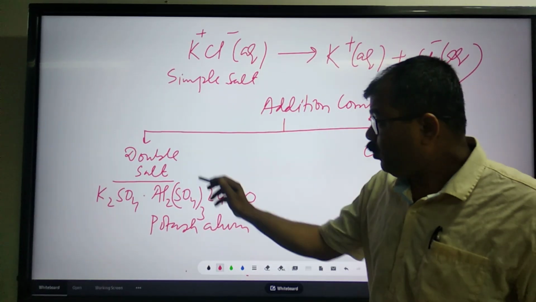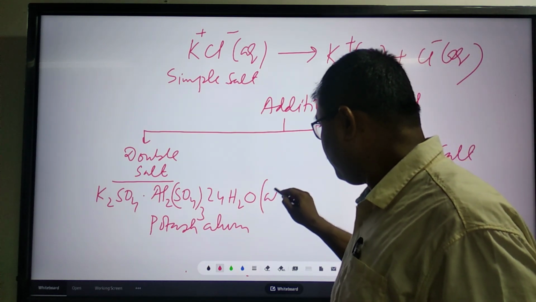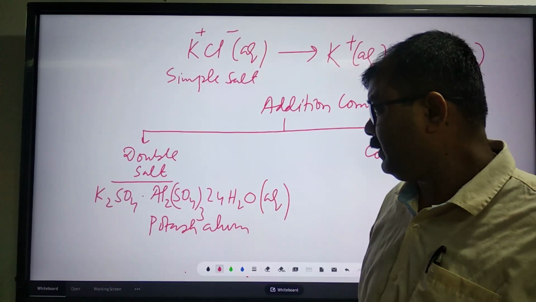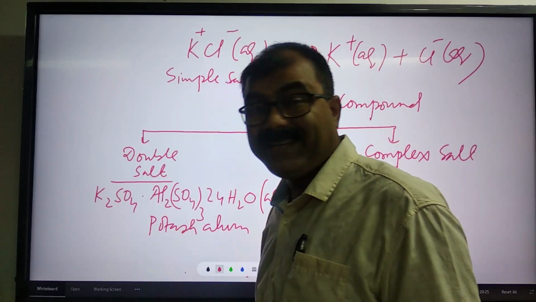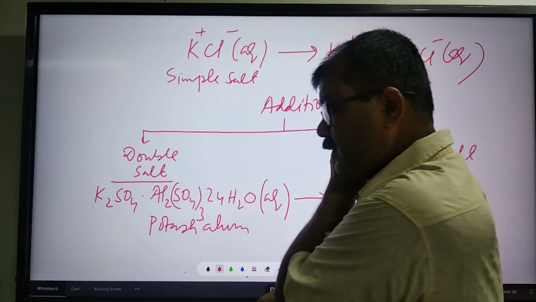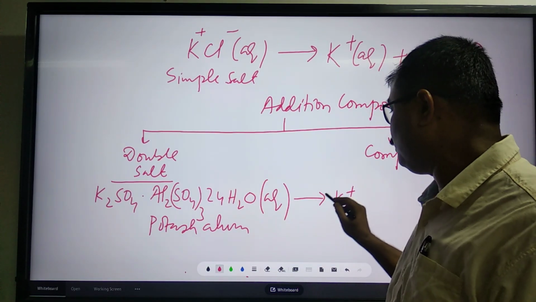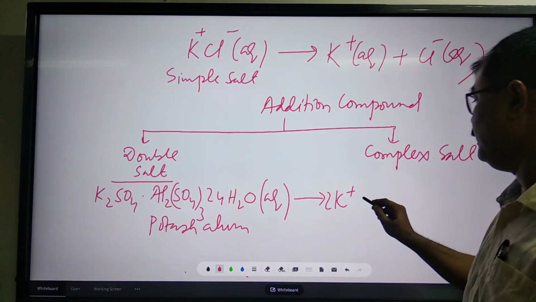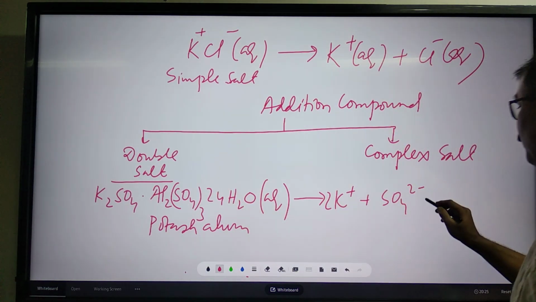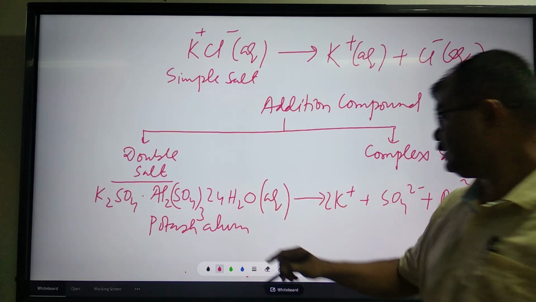Yes. Now when a double salt will mix in water, dissolve in water, what will happen? They get dissociated to their corresponding ions. Here we will get potassium ion, of course it is 2 potassium, plus sulfate will get SO4 2 minus, aluminium will get Al3 plus.